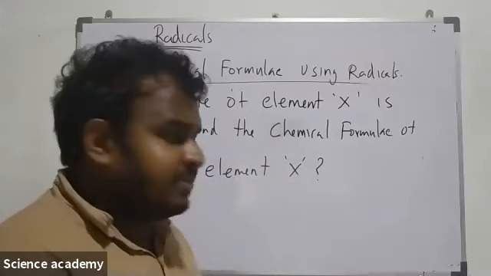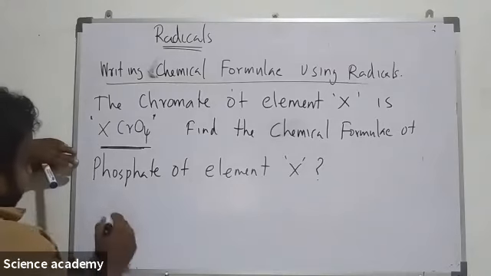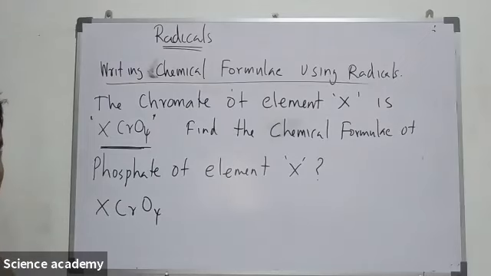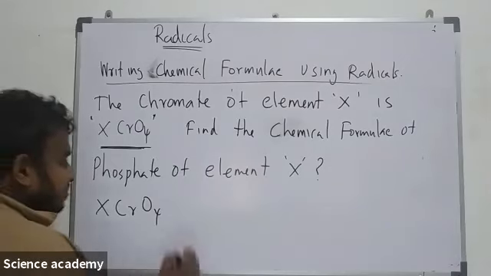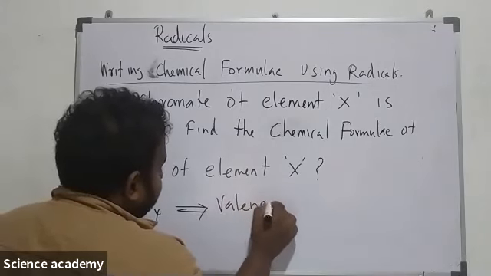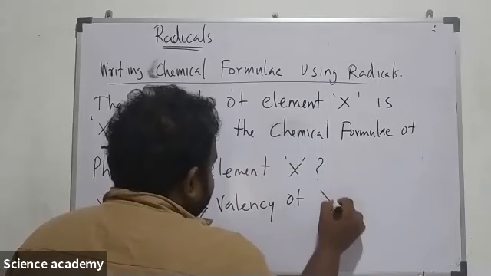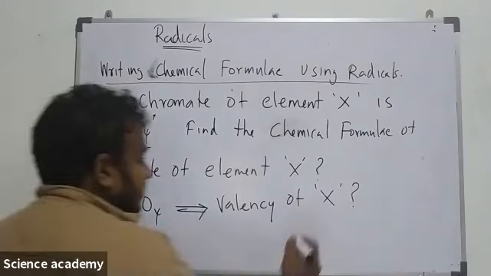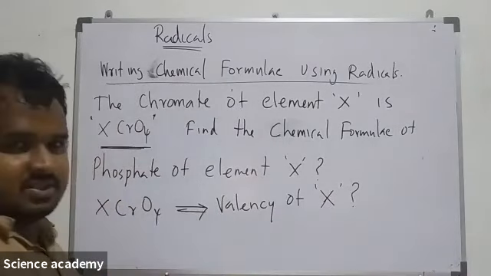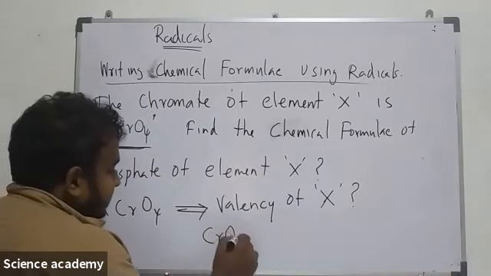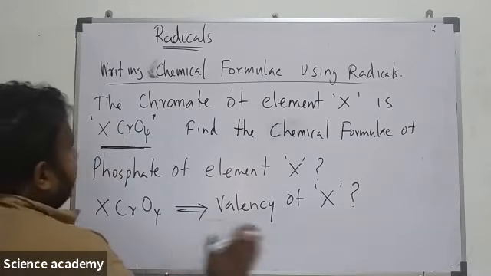If you observe, they have given you that XCrO4 is the chromate of element X. From this, you can find the valency of element X. What is the valency of chromate, CrO4? 2 minus. Okay, I'll erase it.